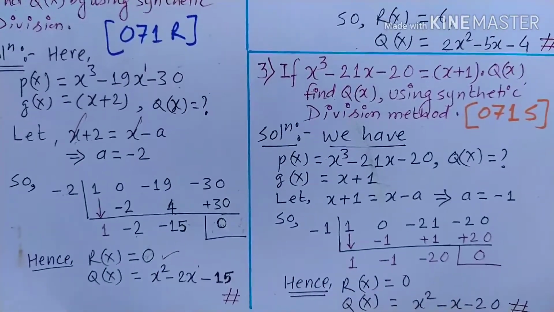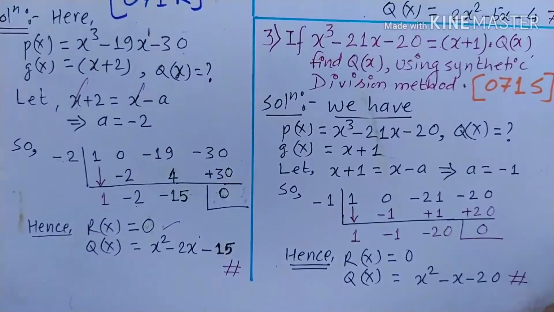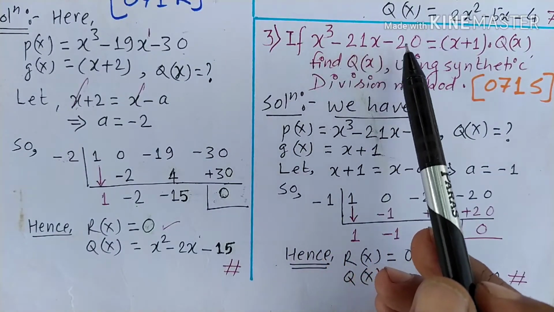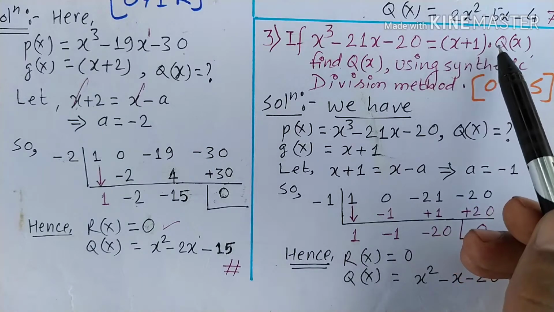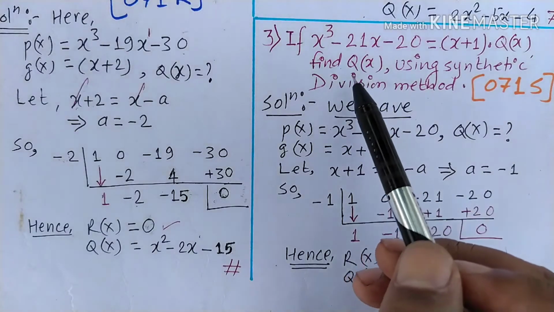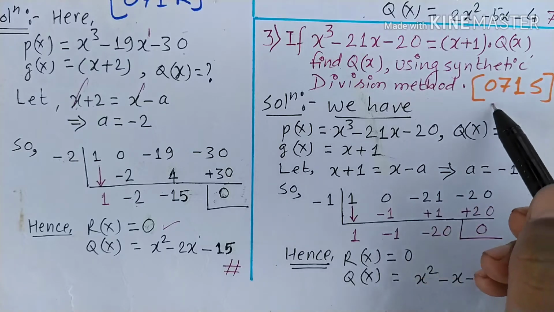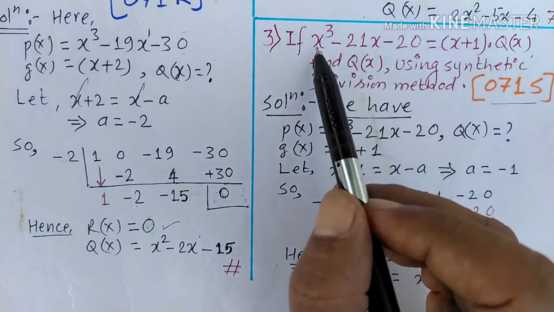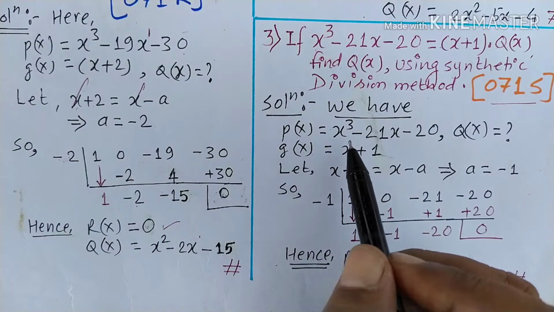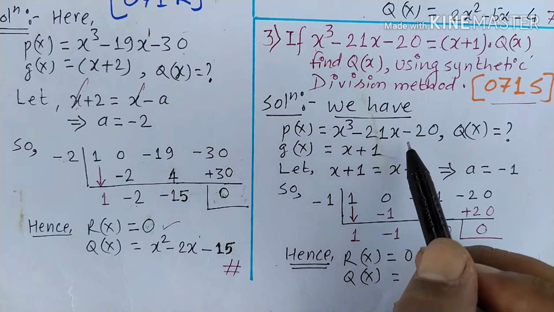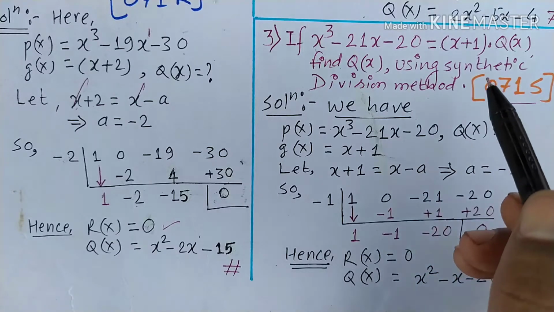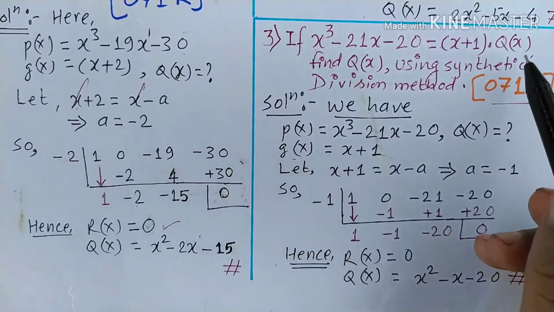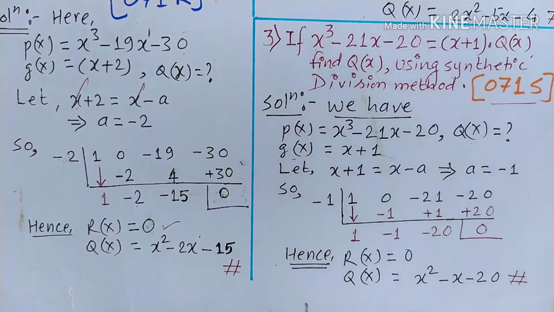Similarly, question 3 is given as, here you can see, if x cube minus 21x minus 20 is equal to (x plus 1) times q(x), then find q(x) using synthetic division. And here you can see this term p(x) is equal to x cube minus 21x minus 20, and x plus 1 is the divisor, so we write here g(x), and we have to find out the value of q(x).